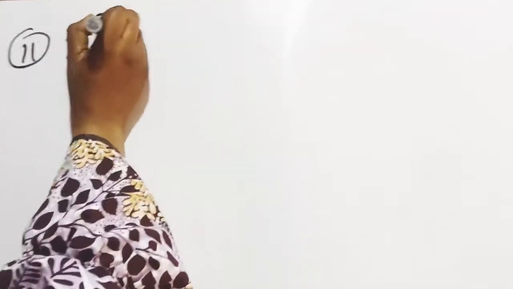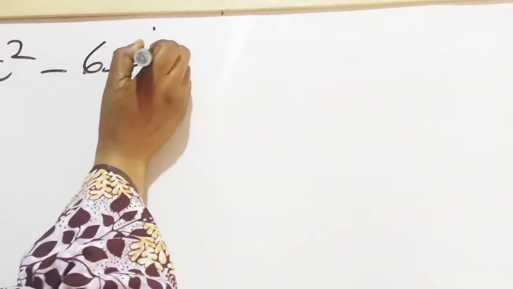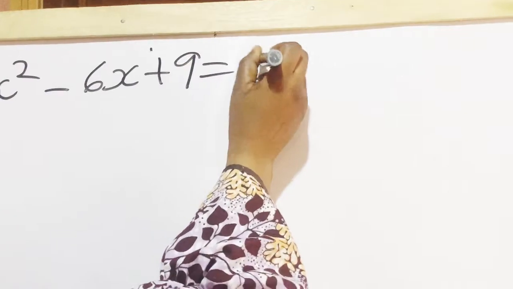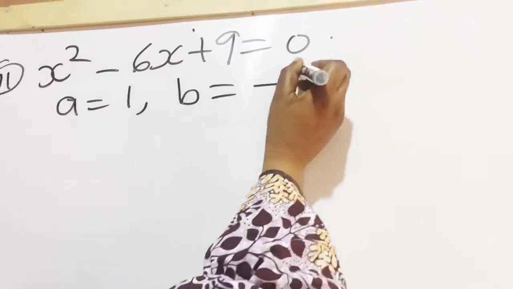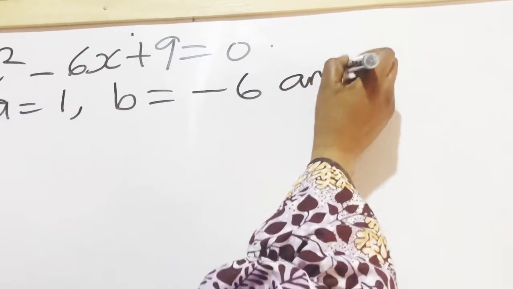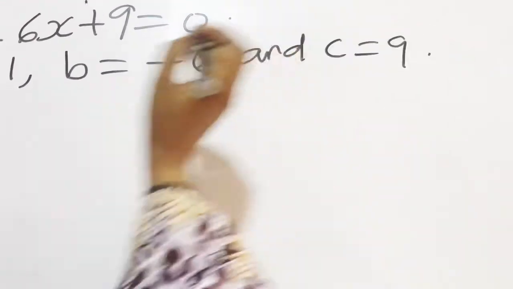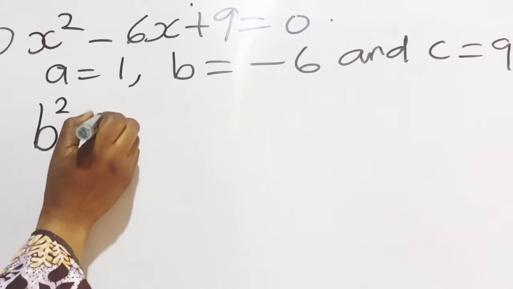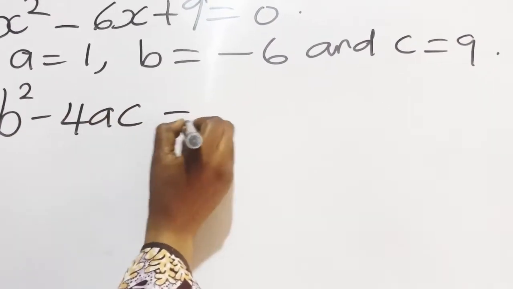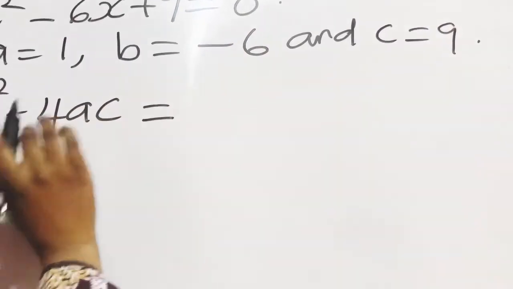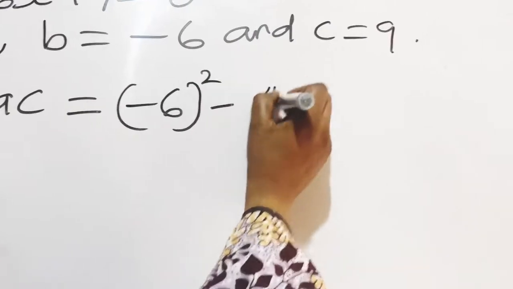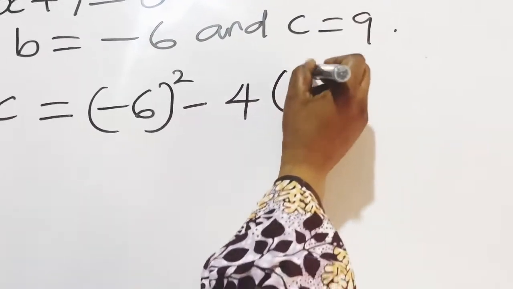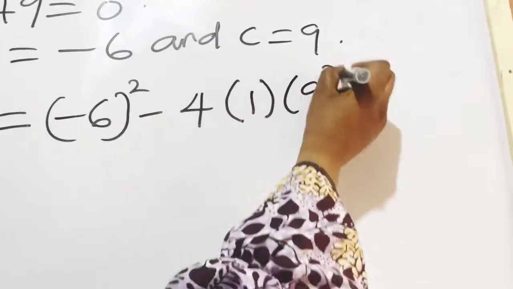2, x squared minus 6x plus 9 is equal to 0. A is equal to 1, B is equal to minus 6, and C is equal to 9. So the discriminant b squared minus 4ac is equal to minus 6 squared minus 4 multiplied by 1, that is a, multiplied by 9.